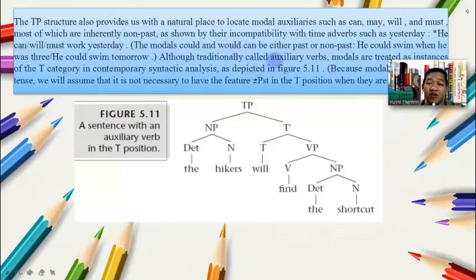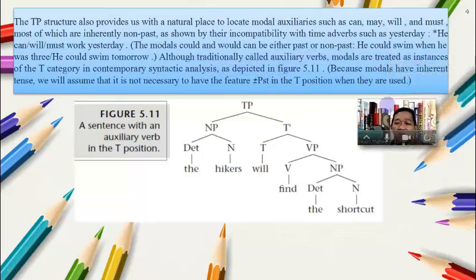Although traditionally called auxiliary verbs, walaupun di sini dikatakan sebagai auxiliary verb yang asli, modals are treated as instances of the T category in contemporary syntactic analysis.